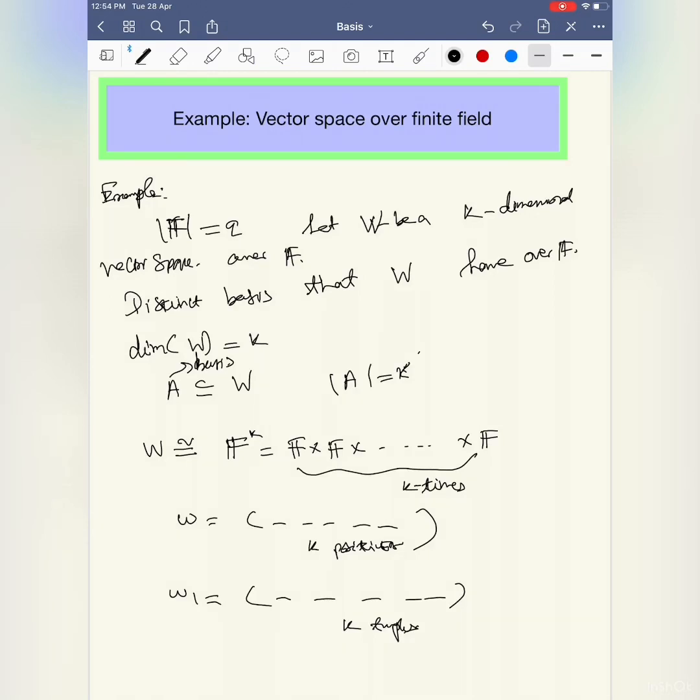This is linearly independent as long as it's not equal to 0, right? The only way it can be 0 is if everywhere I get 0, but I don't want that, so at least one entry is non-zero. So how many choices do I have here? I have q, which implies q to the power k minus one choices.